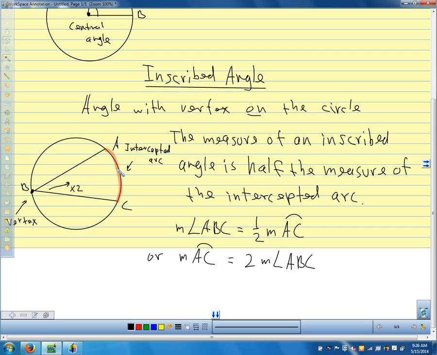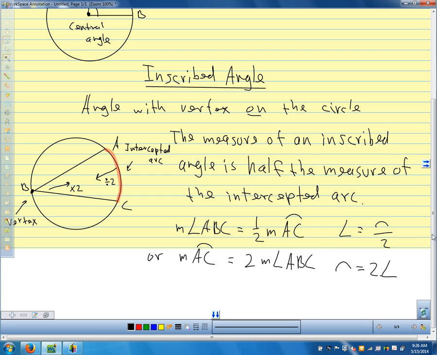From the angle to the arc, we multiply by 2. And we could also write this in shorthand: the angle equals the arc divided by 2, or the arc equals 2 times the angle.